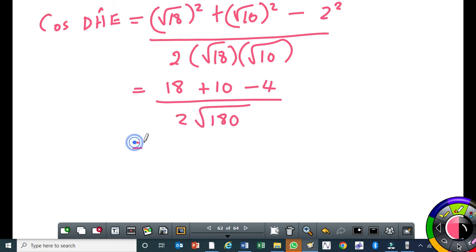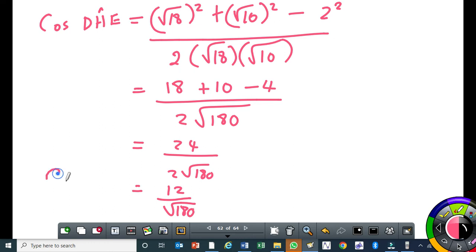So I'll have 18 plus 10 minus 4 all over 2 times the square root of 180. I'm not using a calculator, but I can put this in the calculator once. So 28 minus that will give me 24 over 2 root of 180, and that will give me 12 over the square root of 180. If I was using a calculator and writing a test, some of the things that I'm writing, I was not going to write.